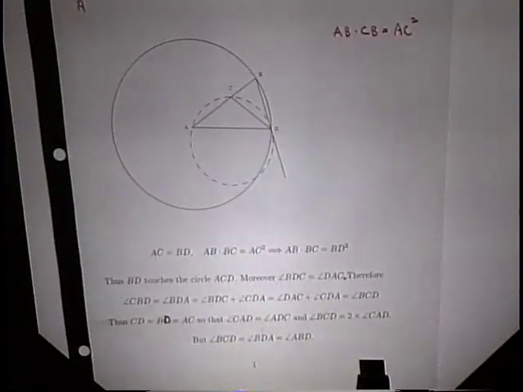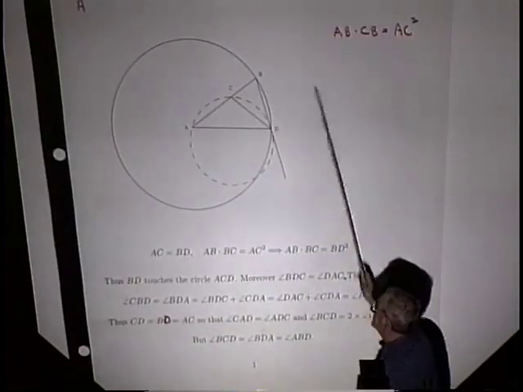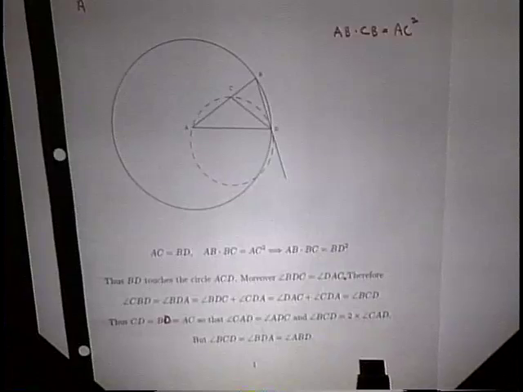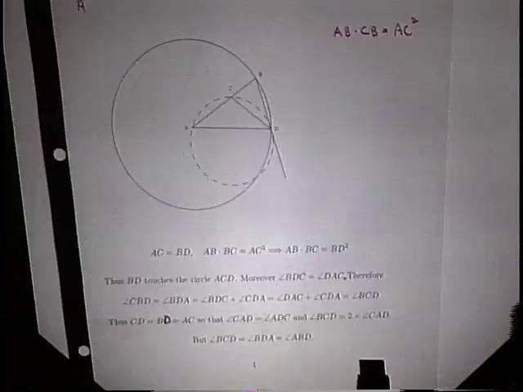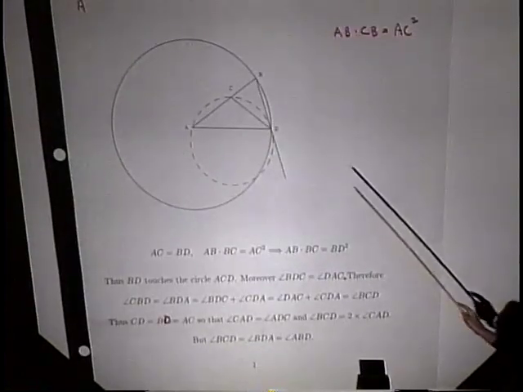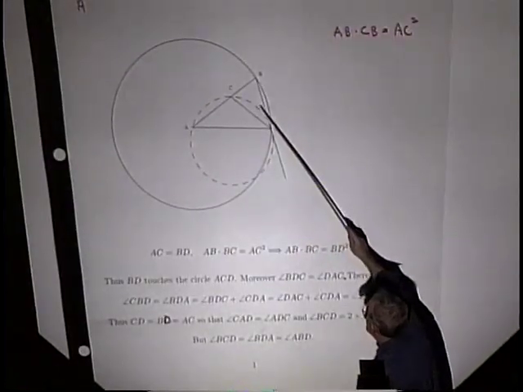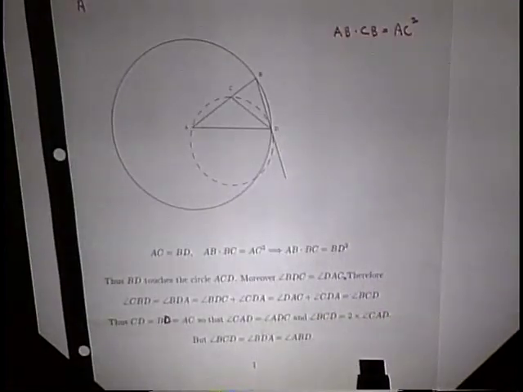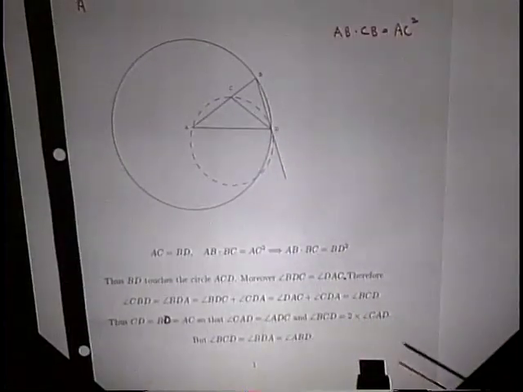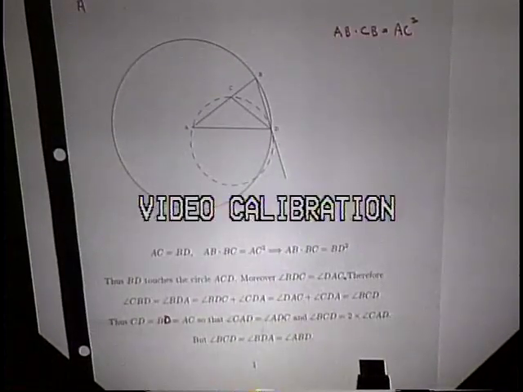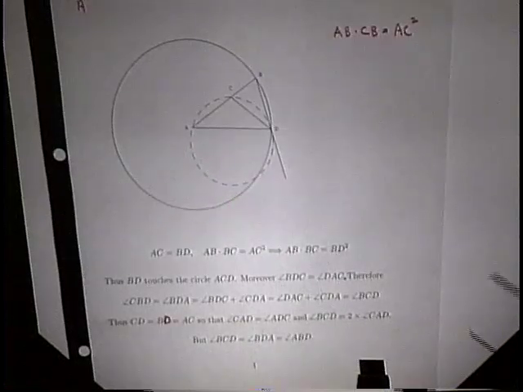So we take the circle going through the points A, C, and D, and we take a point outside it, B. And then from that point B, we have two lines, one of which falls on the circle, as in our proposition, and another one of which cuts it in two places, and another one which cuts it here at D. And what we claim is that this line touches the circle. Yes, that's right. This line touches the circle.